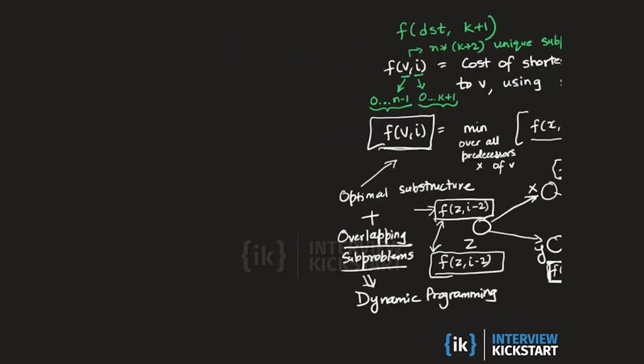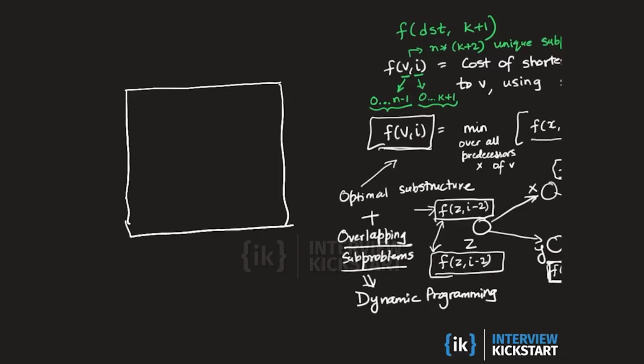So let's build a table which has a cell for every unique subproblem. The first parameter v can range from 0 to n minus 1. The second parameter I can vary from 0 to k plus 1.